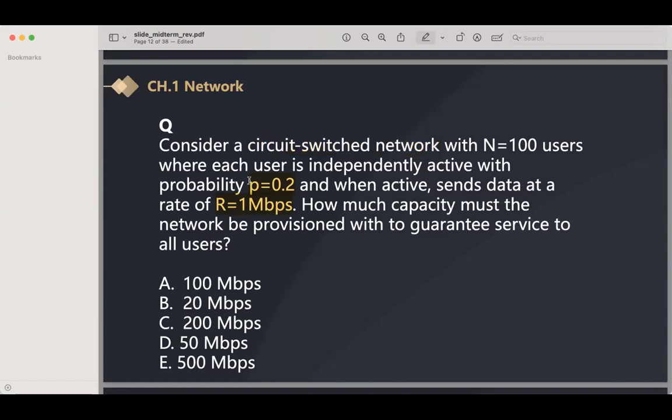So we don't care about the probabilities they use. We only care about how many people we have. We have 100 users, and each of them needs 1 Mbps. So it's 100 times 1 equals 100 Mbps. So the answer is A.